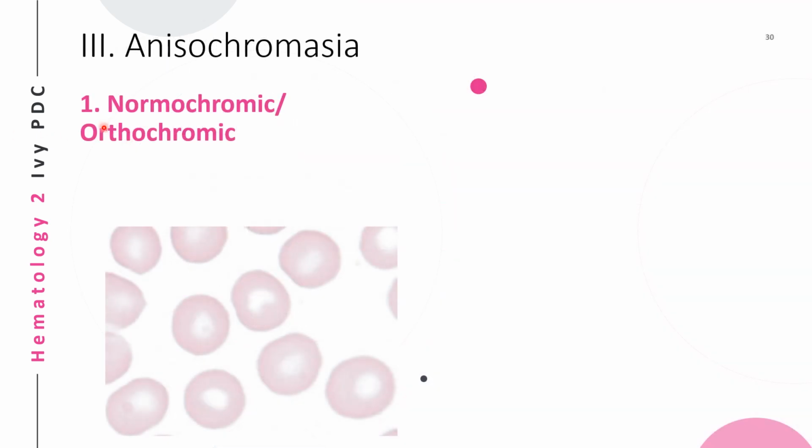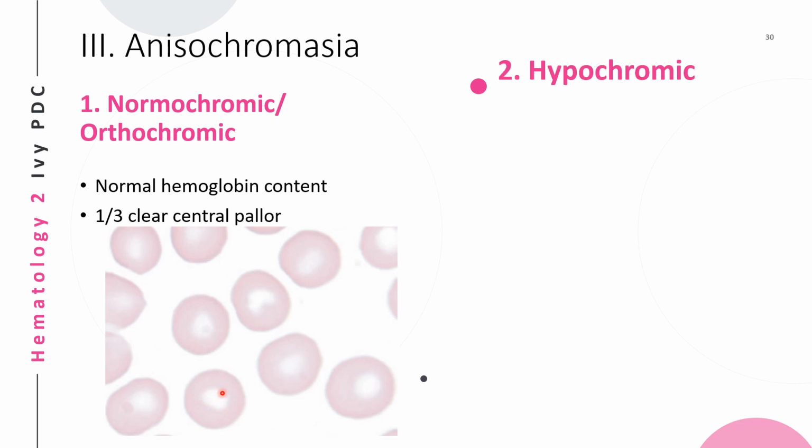The first type of cell is a normochromic or an orthochromic cell. These cells have normal hemoglobin content, and there is a 1/3 clear central pallor. These are normochromic cells with 1/3 of the inner part of the red blood cell being pale.